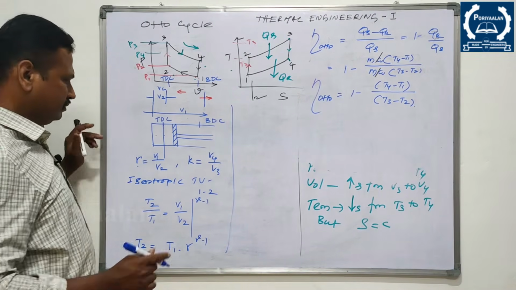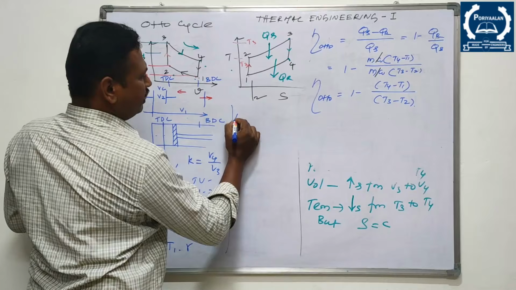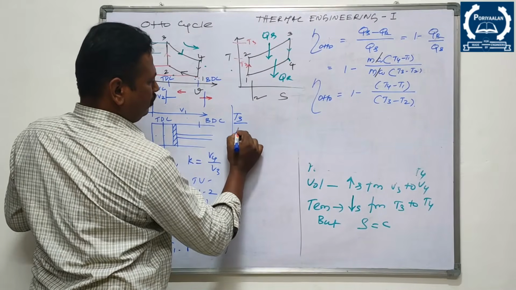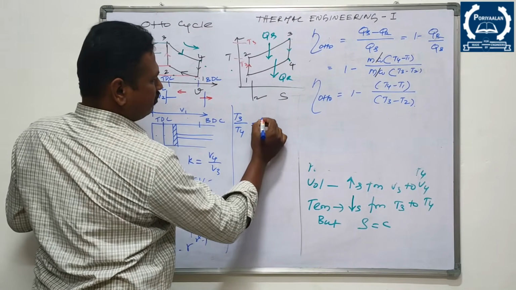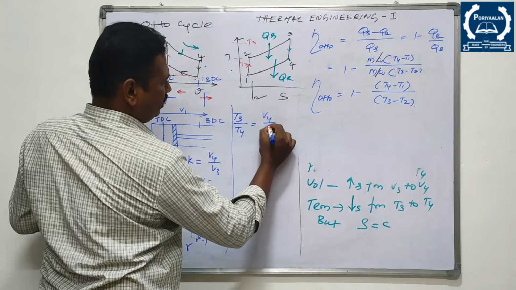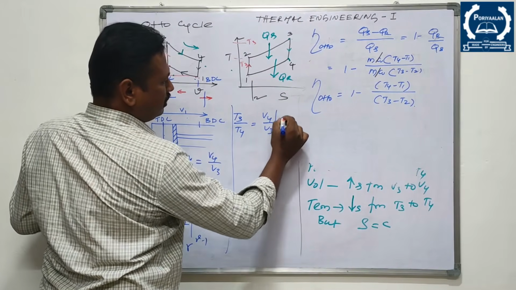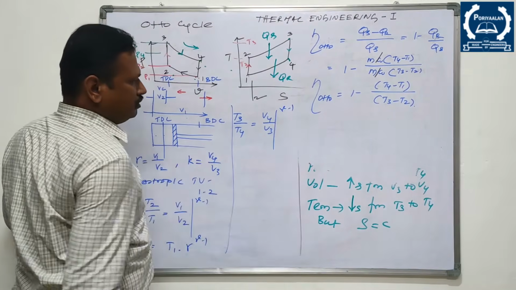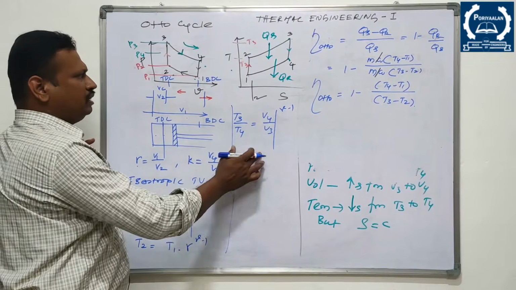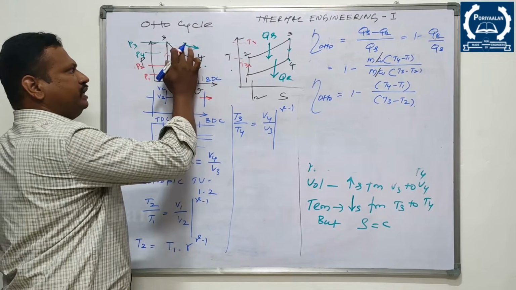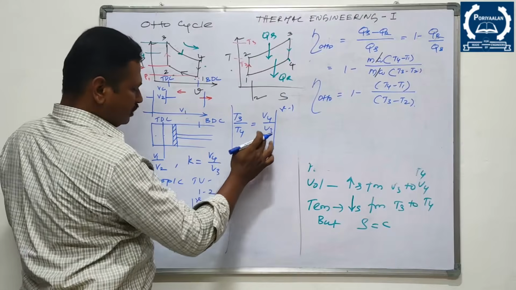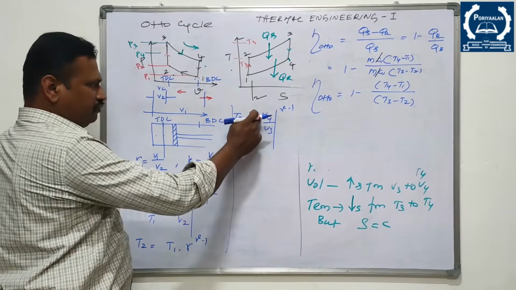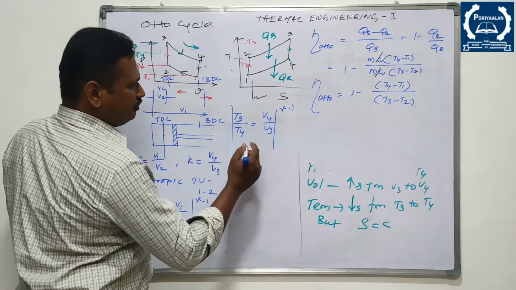Likewise, T3 by T4 is equal to V4 by V3 to the power gamma minus 1. The same isentropic relation for the process 3 to 4, right? As I said before, V4 by V3 is equal to V1 by V2.